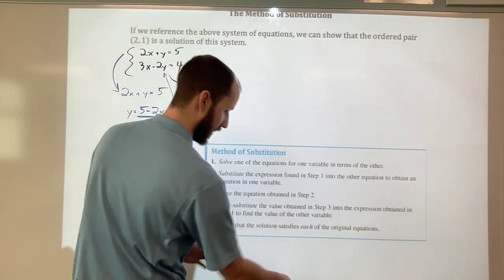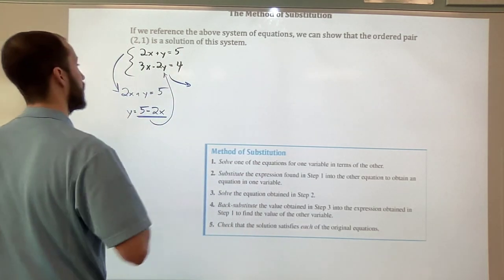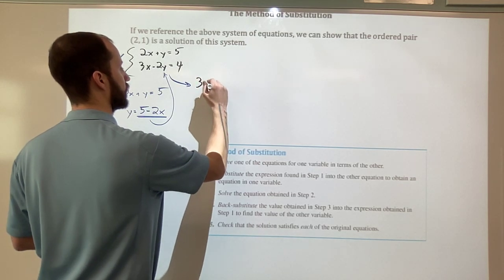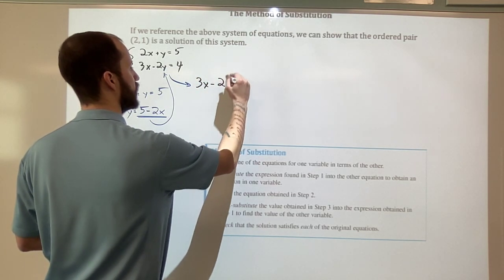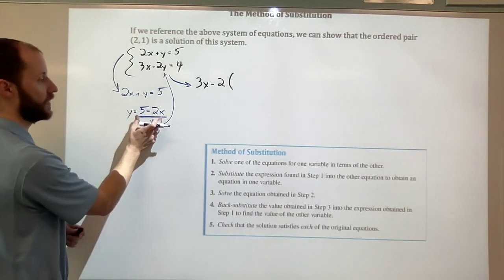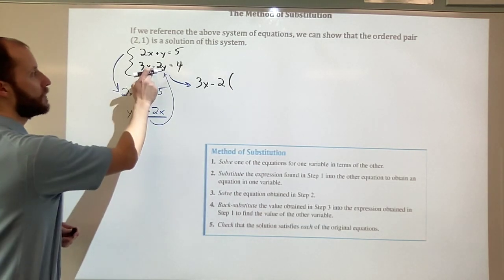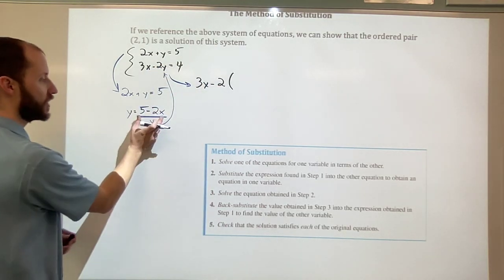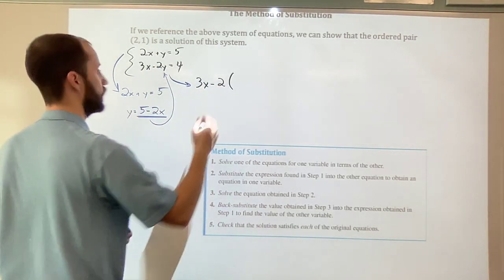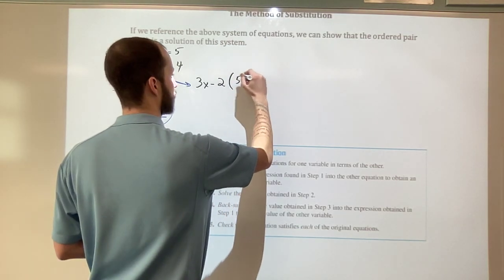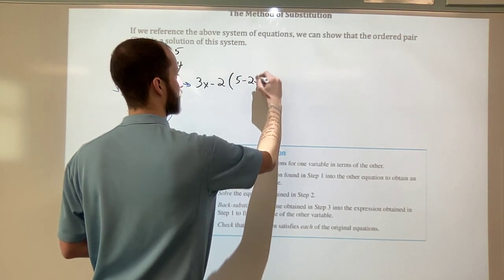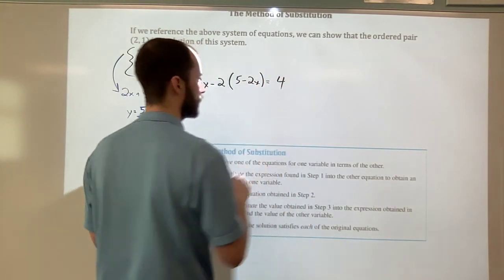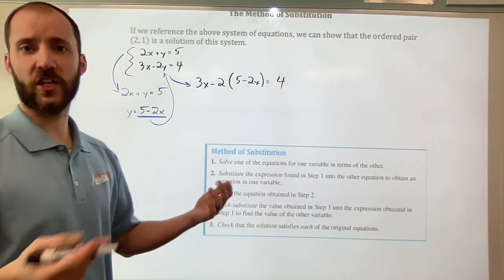3x minus 2 times that quantity, 5 minus 2x. So minus 2 times y, now minus 2 times what y is equal to. So 5 minus 2x equals 4. And then solve just like you know how to.